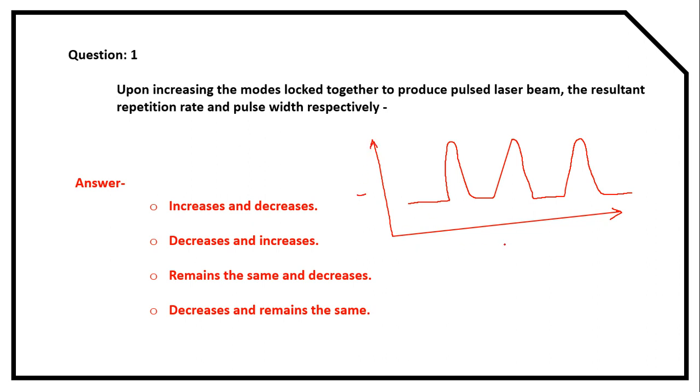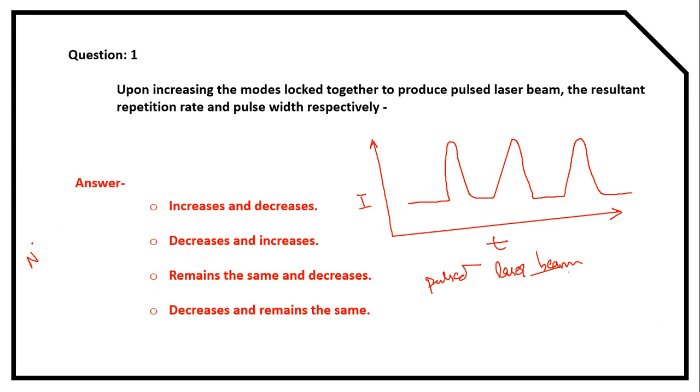With respect to intensity and time, this is a pulse laser beam. Now, what we talked about in beam mode locking is, suppose in a particular laser there are n number of modes.